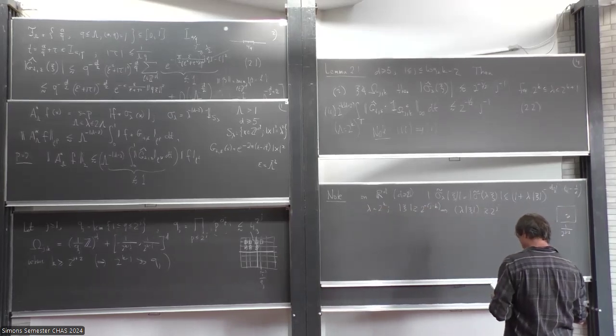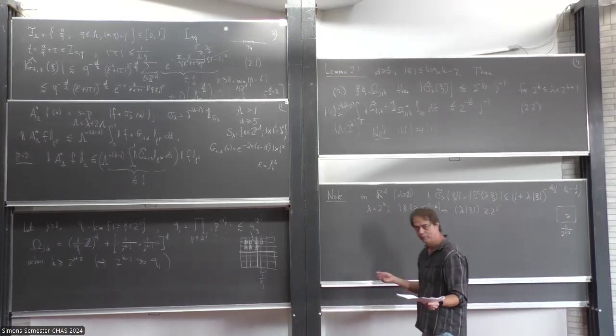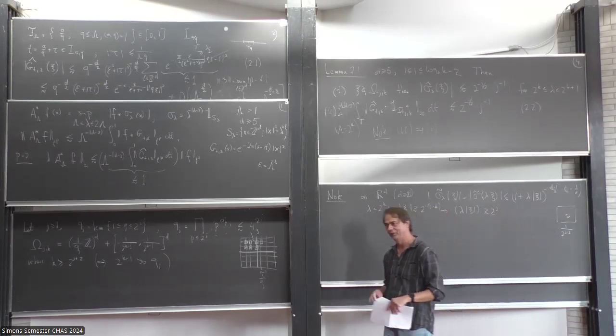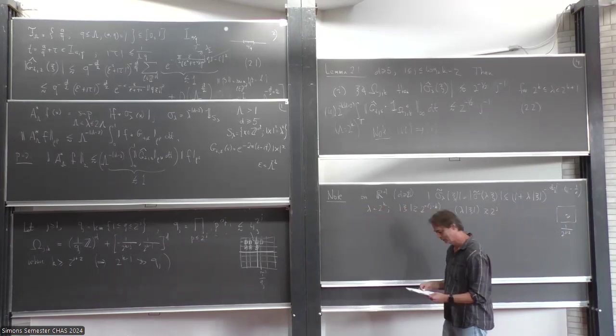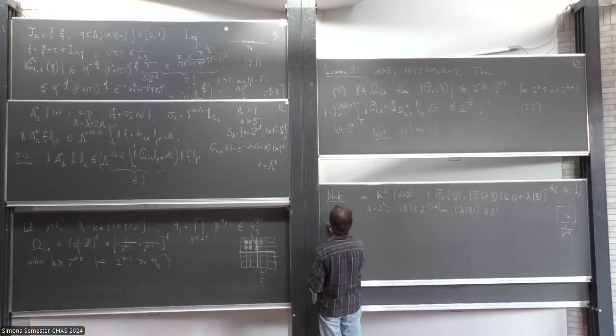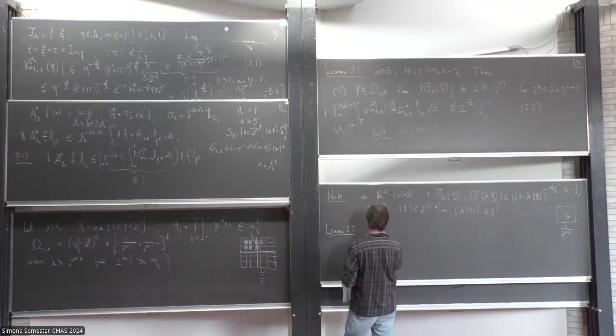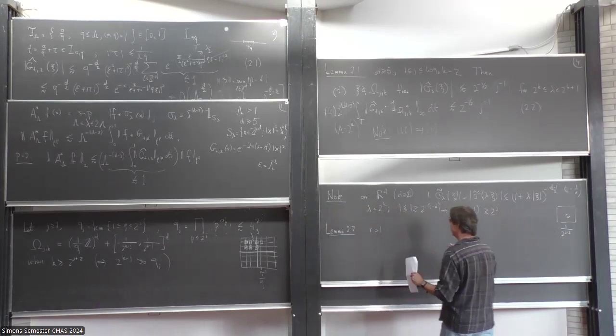Okay, so we will use a little lemma, and that's an elementary exercise in elementary number theory. I need you to work it out. So, a little lemma. For any exponent r bigger than 1, we will use the following fact.